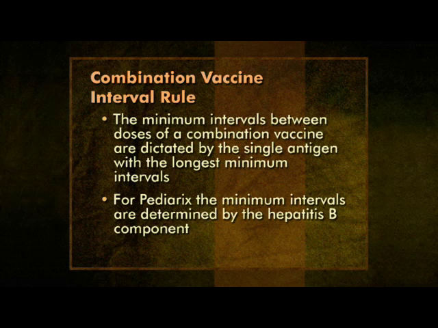I would like to remind you of the combination vaccine interval rule. It is that the minimum intervals between doses of a combination vaccine are dictated by the single antigen with the longest minimum intervals. So for Pediarix, the minimum intervals are determined by the hepatitis B component. As for hepatitis B vaccine, the minimum interval between the first 2 doses of Pediarix is 4 weeks.